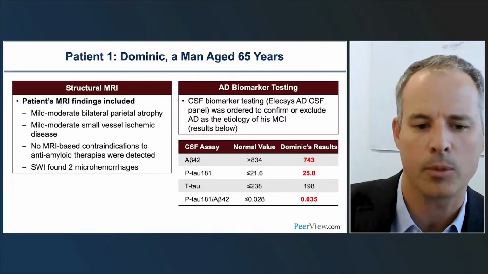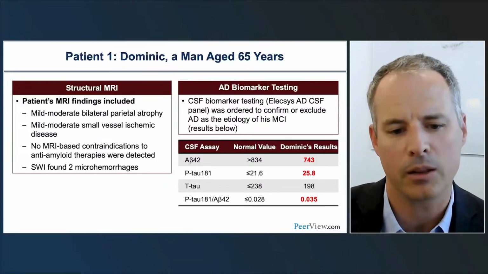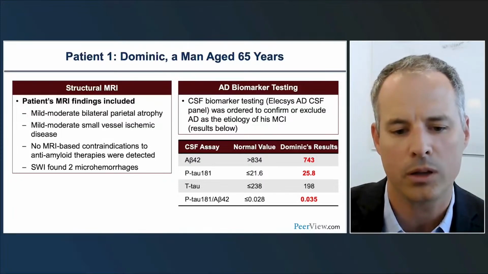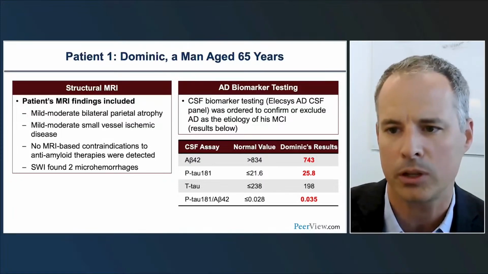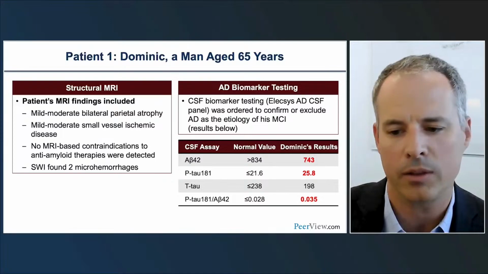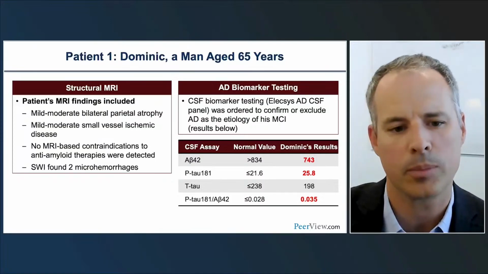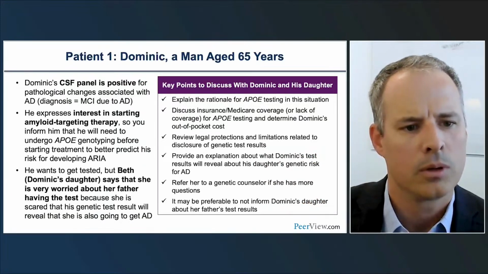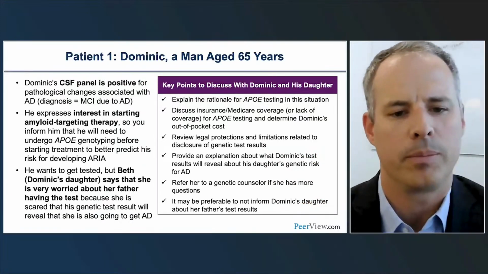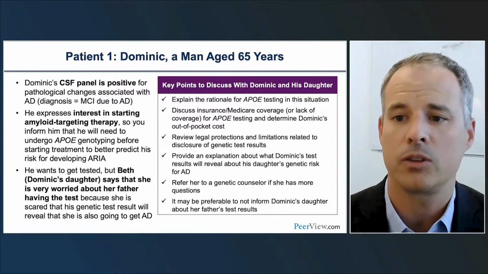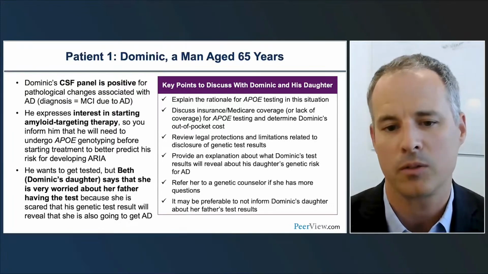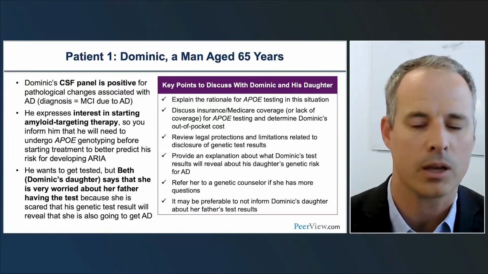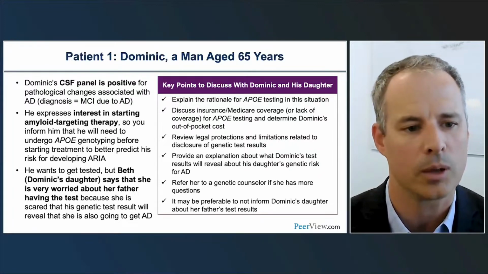We had low amyloid beta 42, he had elevated p-tau 181, and his ratio of p-tau 181 to A-beta 42, which is the most predictive marker, was elevated, indicating likely amyloid pathology. So this is a patient who has a positive CSF biomarker panel and has a clinical syndrome consistent with mild cognitive impairment. So his diagnosis is mild cognitive impairment due to Alzheimer's disease.